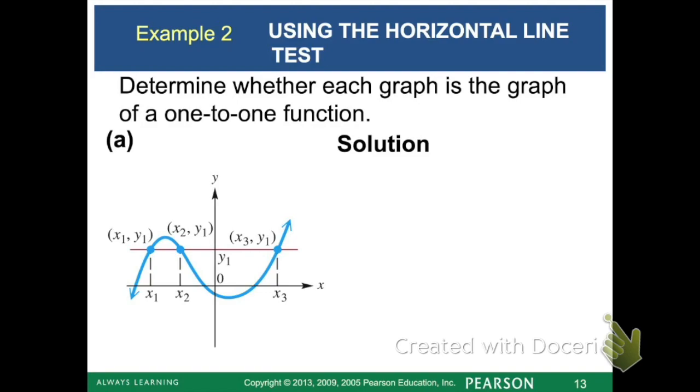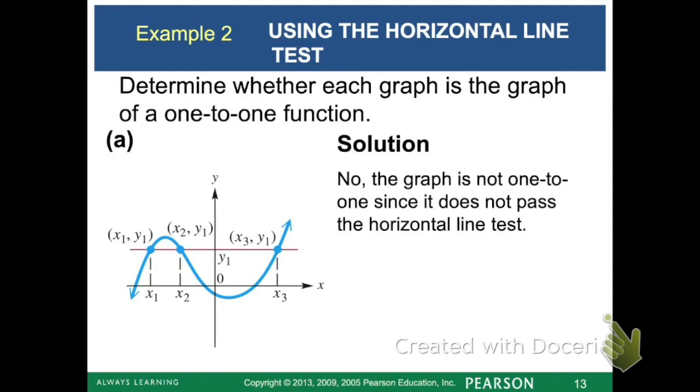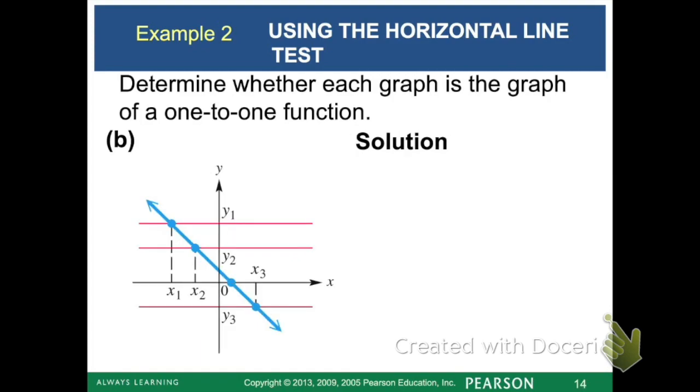Example 2, we're going to look at some graphs. So part A, I have a graph on my screen, and I'm asking whether or not this function is one-to-one. The answer is going to be no, because my horizontal line here in red crosses my graph, in this case, 3 times. Part B of example 2, same idea.